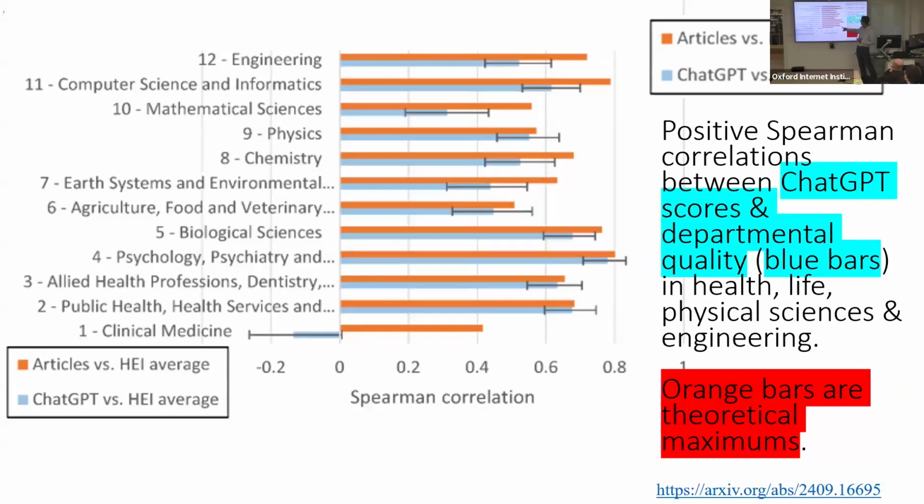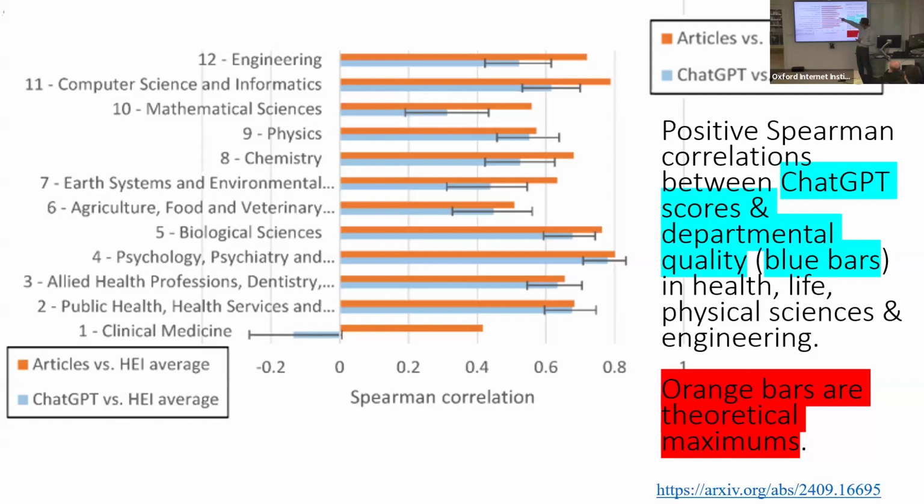And the orange bars are the theoretical maximum. So the orange bars are the maximum the correlation could be, because of the factoring out of taking the average department score instead of the individual article score. And the blue bars are the correlations I actually got from ChatGPT.